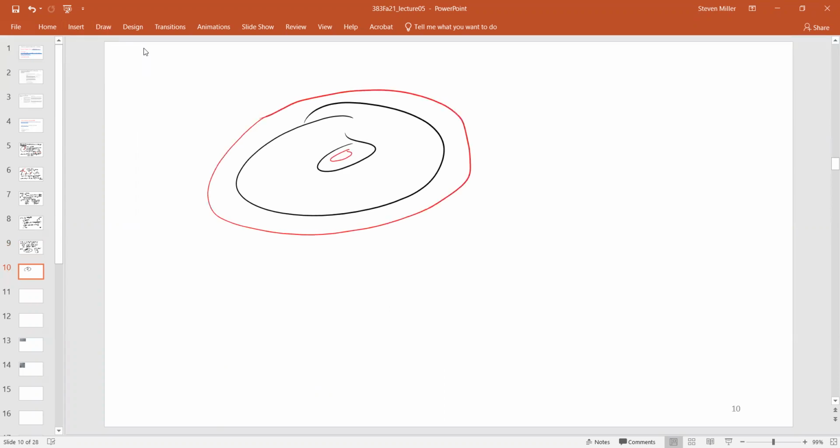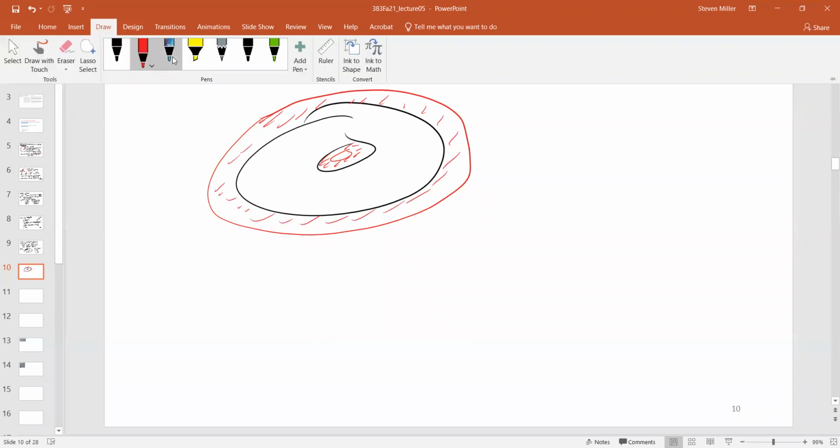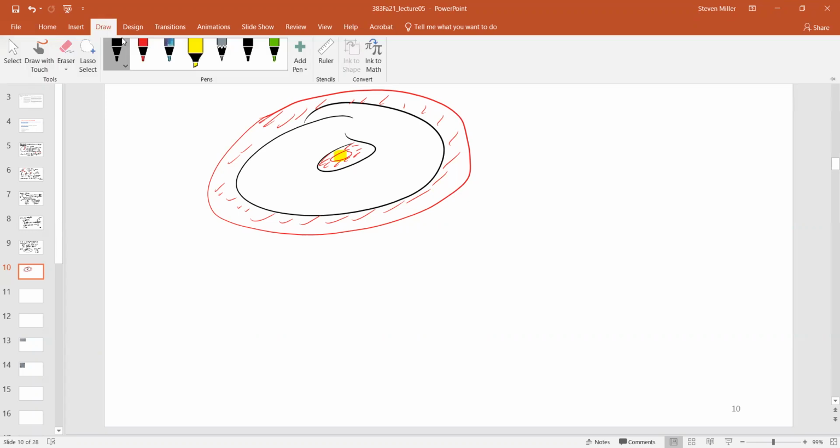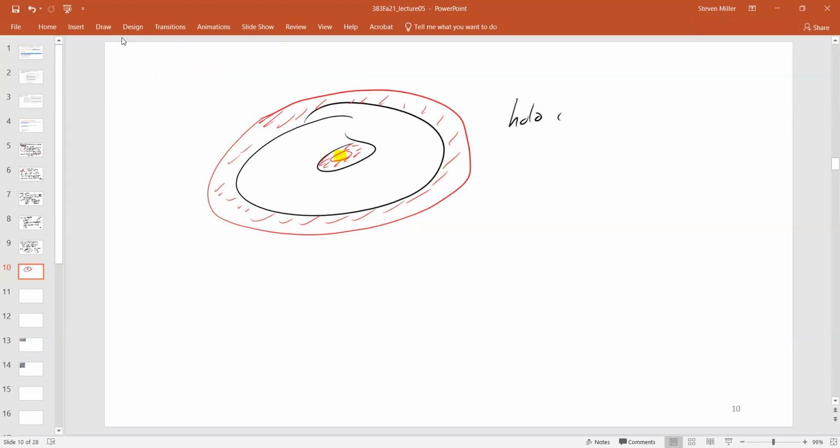So I have a slightly larger set, which includes a little bit of the red on the outside and inside. But I do not include the very center. So I'll put in a little warning over there. So the center is not included. So holomorphic in the red region, not in yellow.